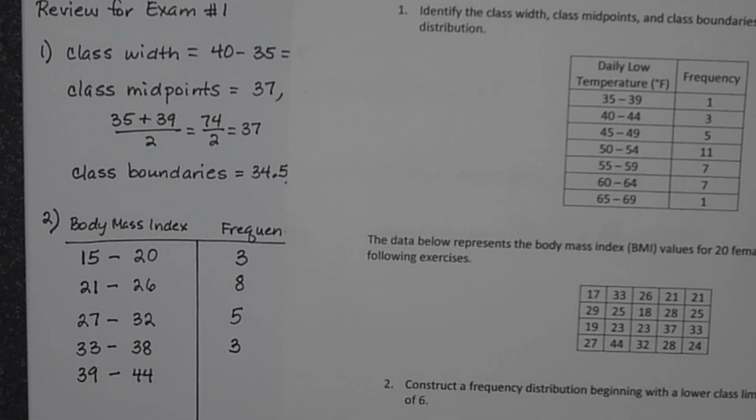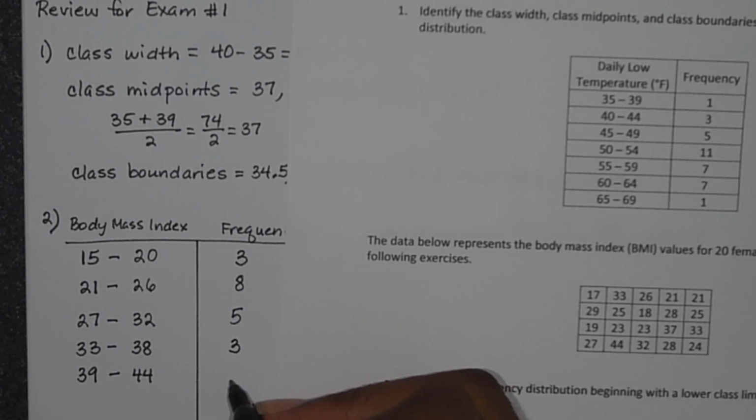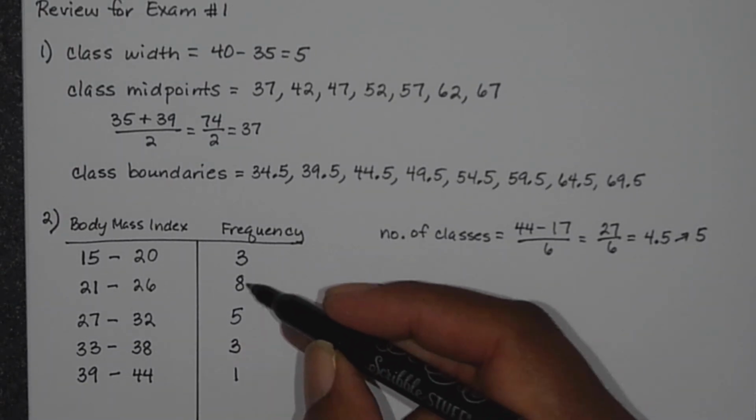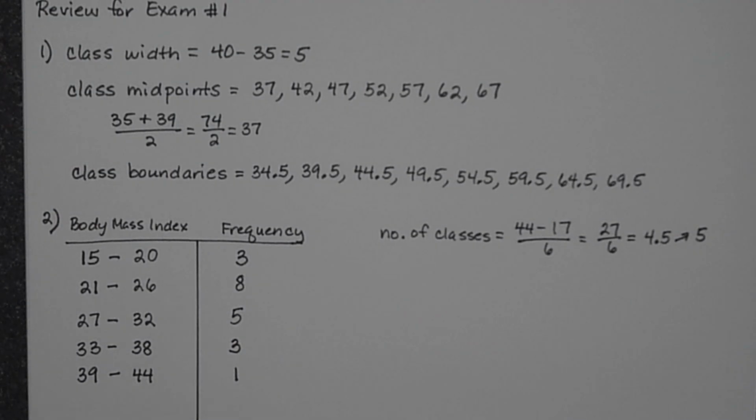And now, 39 to 44, only 1. That's the number 44. And since there are 20 data values, you want to make sure if you add these numbers up, you should get 20. Let's see, 11, 16, 19, and then 20. We do. So this is our frequency table or frequency distribution for that data set.